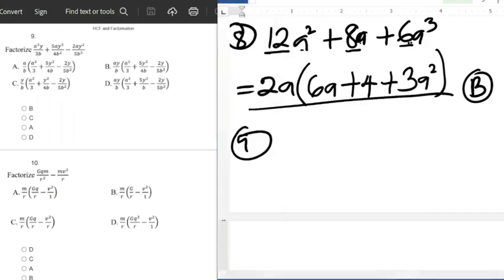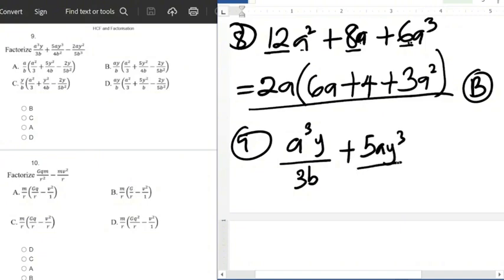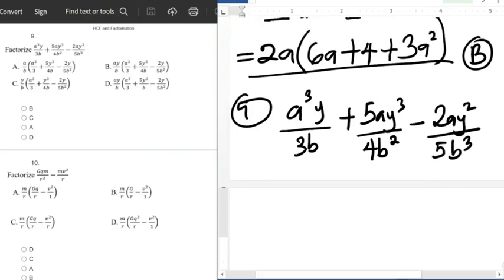So we have a cubed y all over 3b plus 5a y cubed all over 4b squared minus 2a y squared all over 5b cubed. So we want to solve this.